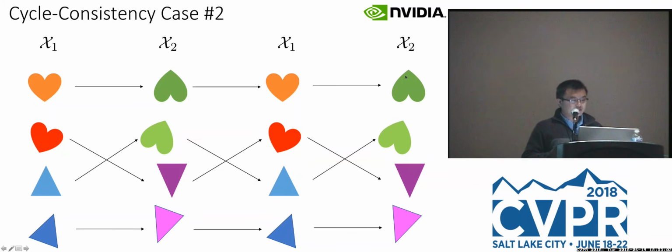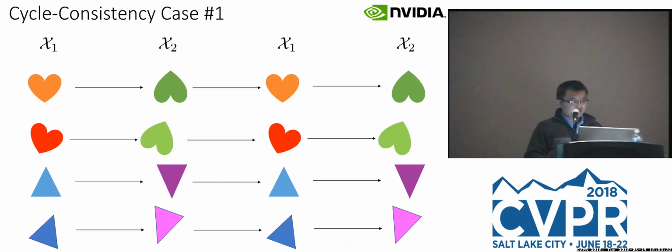However, if you mess up the generation function, for example, here you have the red heart, you go to the purple triangle, but G2 can still map it back to the red heart. Under this scenario, you still have cycle consistency.